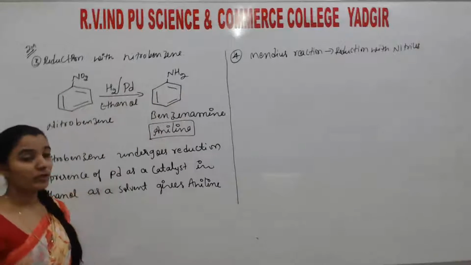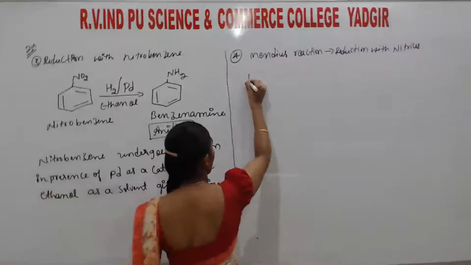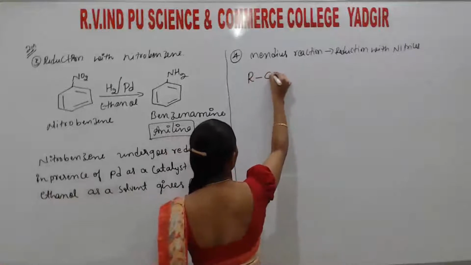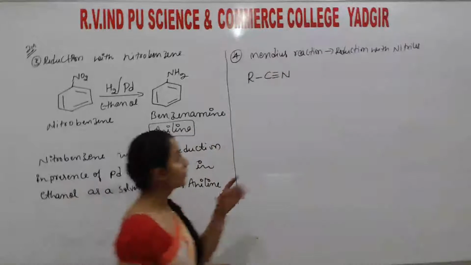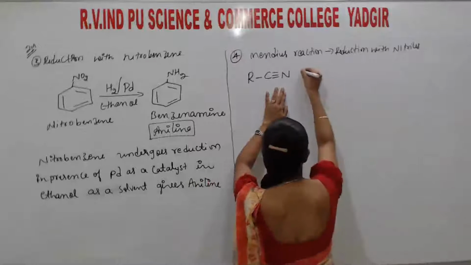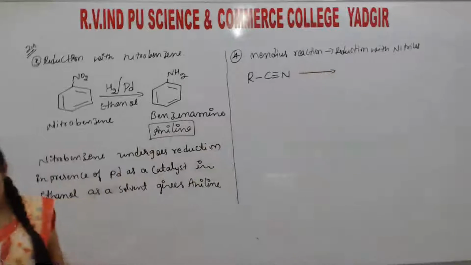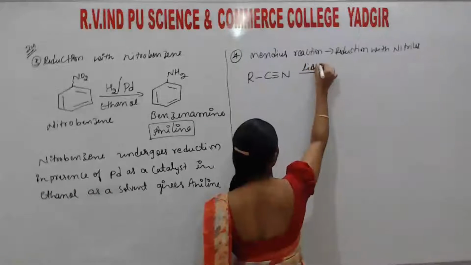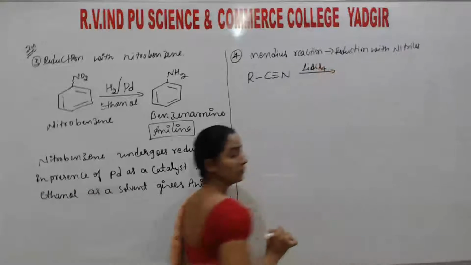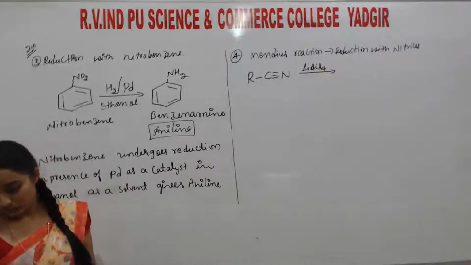But in this one, we are taking a general reaction with nitriles, that means RC triple bond N compounds. They undergo reduction. Here the reagent used is lithium aluminium hydride.